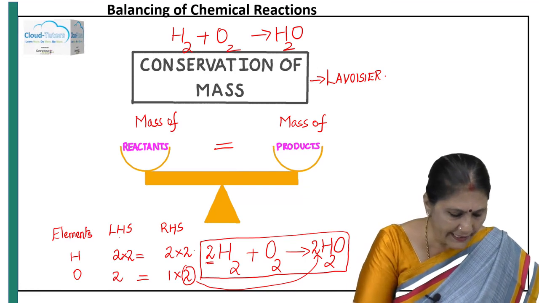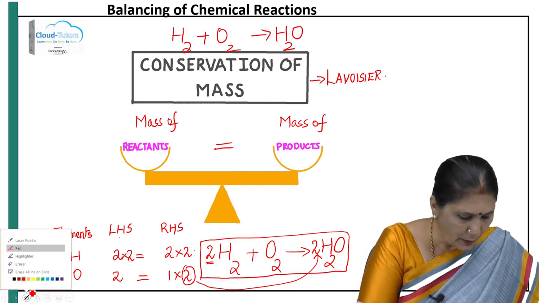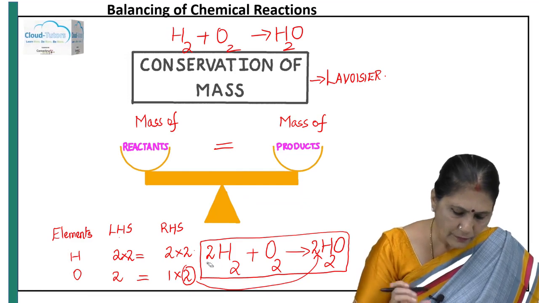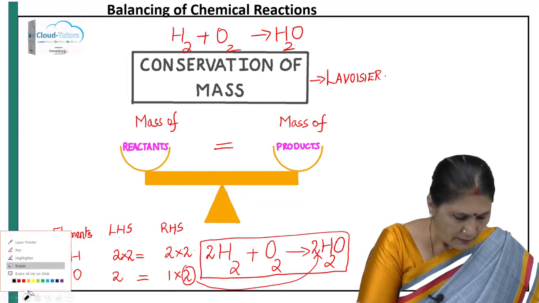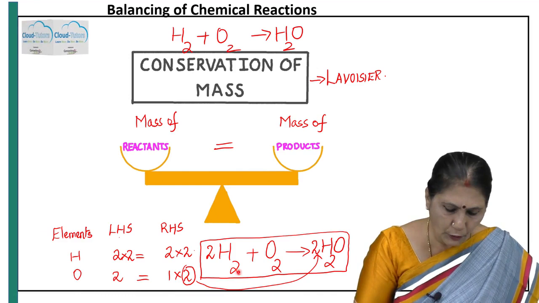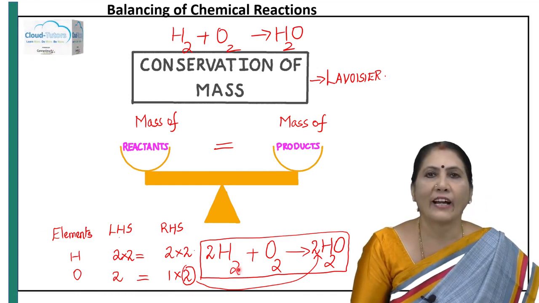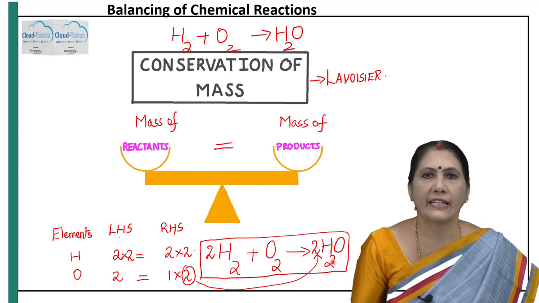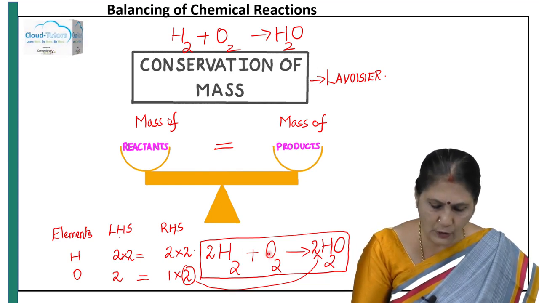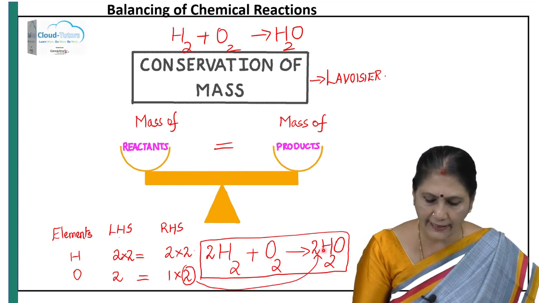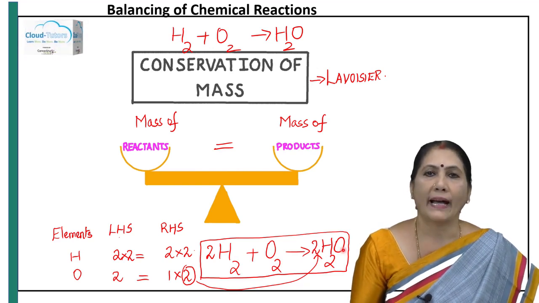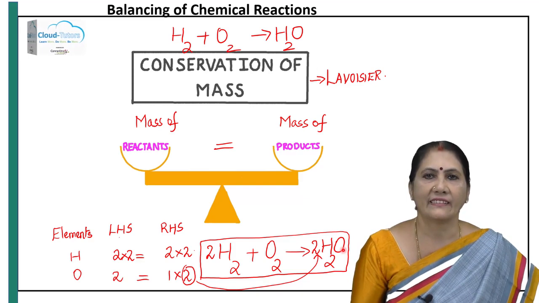Now quickly check the number of atoms, are they balanced or not? Now 2 into 2 becomes 4 for hydrogen atoms. Here it is 2 into 2, 4 hydrogen atoms. Oxygen is 2. Well, on the product side again it is 2. That means the equation is a balanced equation.